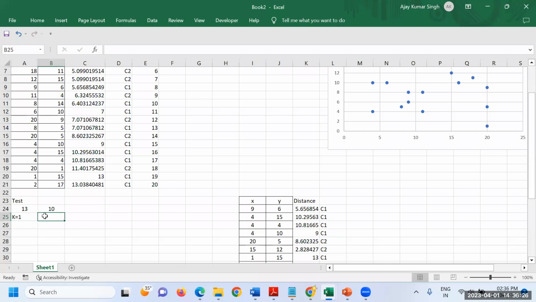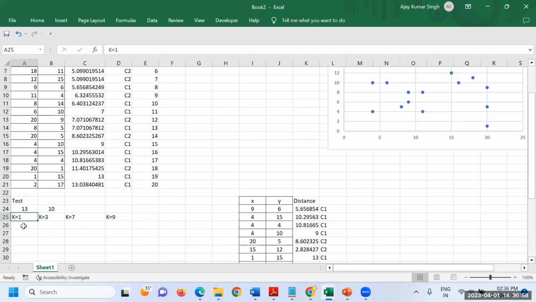Then k is equal to 2. Now what will be the output? k is equal to, sorry, so this is an odd number, isn't it? 7. So why is it an odd number? To avoid a tie, that's why we are doing this. 9, and so on and so forth. So assuming 4 different values for k.